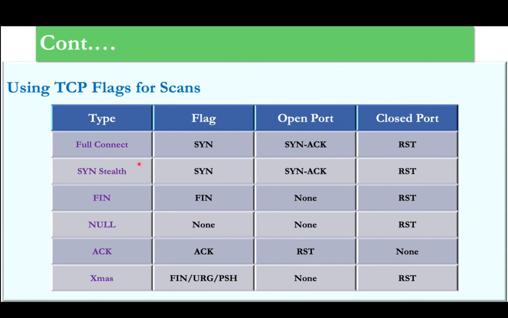So instead of that, some use the SYN stealthy scan, the half port scan. In the half port scan, the connection is never established completely. So when the connection is not established, the activities cannot be recorded on the target side, and sometimes it is not noticed whether their ports are being scanned or not.